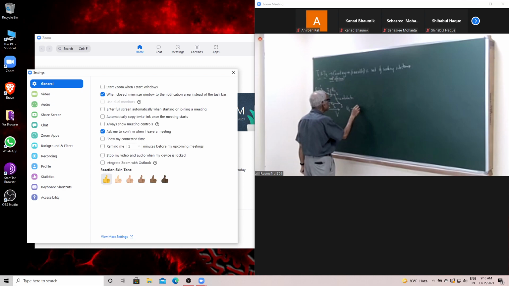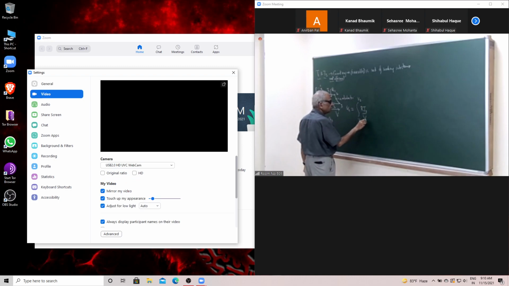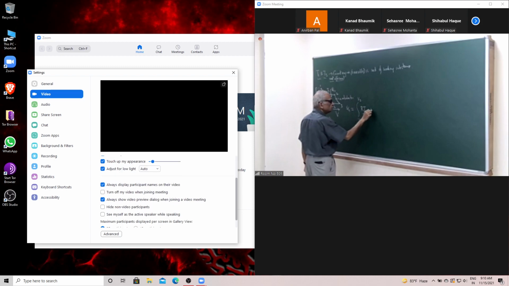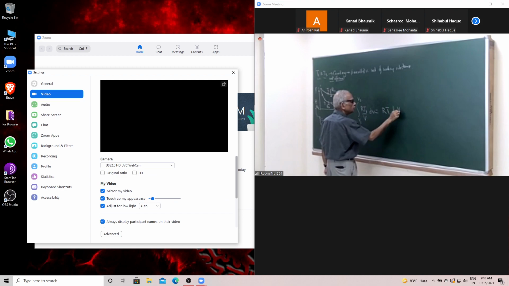So it is all integral PdV, from V1 to V2, and it is RT1 divided by V times dV, which is RT1 log of V2 over V1.